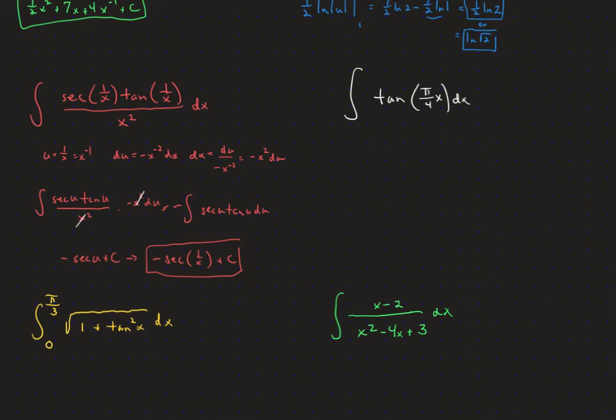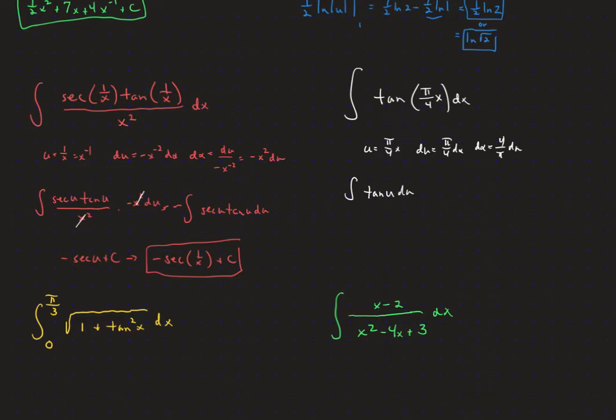We know the integral of tangent, so let's call this u equals pi over 4x. Du is going to be pi over 4 dx, so the dx is going to be 4 over pi du. So if you remember, this is going to become the integral of tangent of u du.